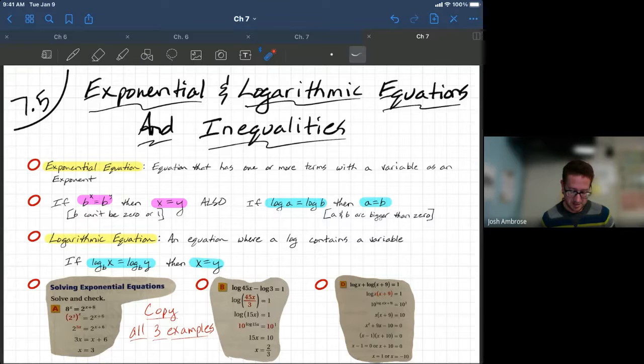The same concept applies here. If you have the same base for the log, in this case both of these are base 10s. You remember, if they don't write anything, it's base 10. We also like base 10s because sometimes we can use the calculator for all that base 10 stuff, so you may see a little bit of that in this section as well.